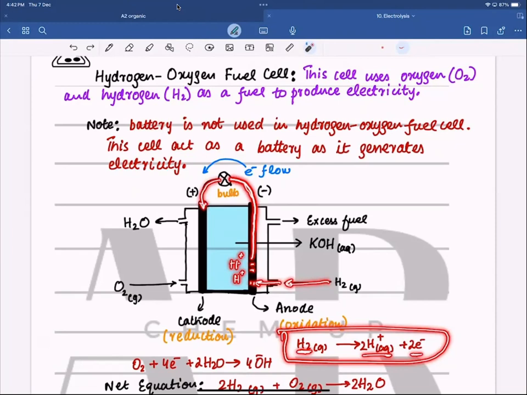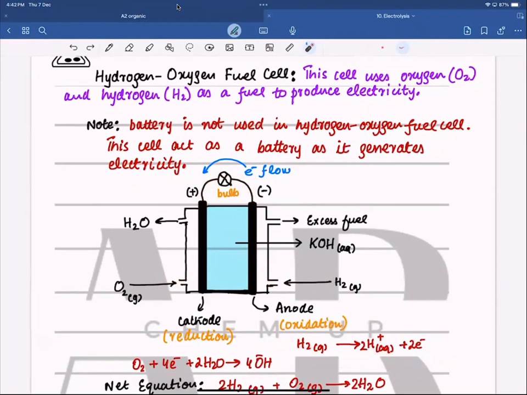As they move, they conduct electricity, and as they reach over here, the oxygen gains electrons and turns into hydroxide ions. That is how the reaction takes place on this electrode, and this reaction on the other electrode. As a result, hydrogen ions and hydroxide ions form and enter the solution.